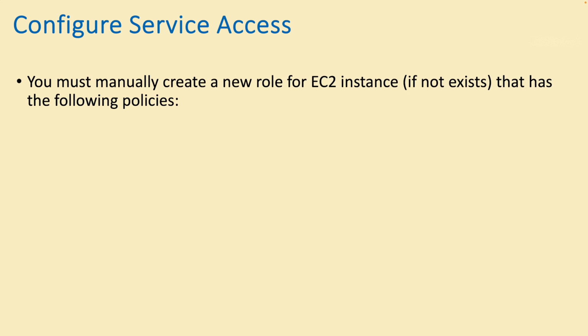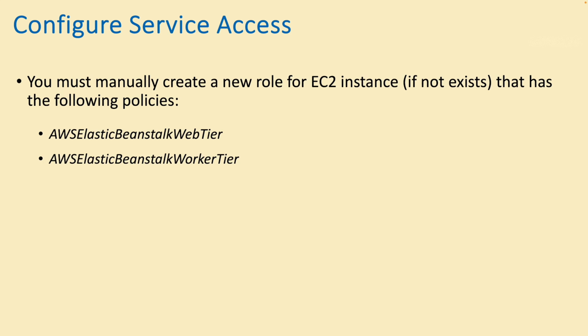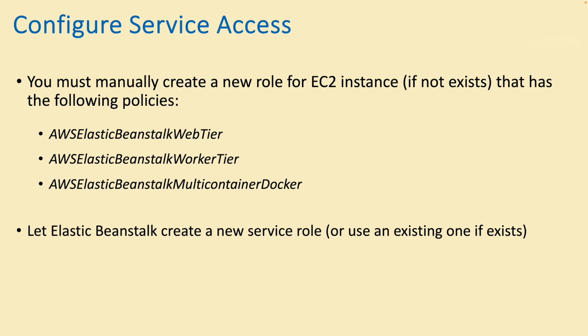And note that in the configure service access step, you must manually create a new role for the EC2 instance if one does not exist, that has the following policies: AWS Elastic Beanstalk web tier, worker tier, and multi-container Docker. And let Elastic Beanstalk create a new service role or use an existing one if it exists.